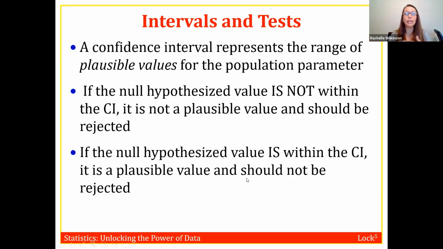Similarly, if 5 was in our confidence interval, then it would be a plausible value. Therefore, we would not have evidence that the null hypothesis was false, and so we would fail to reject it. Essentially, we can use our confidence interval along with our hypotheses to make a reject or fail to reject decision on our hypothesis test.